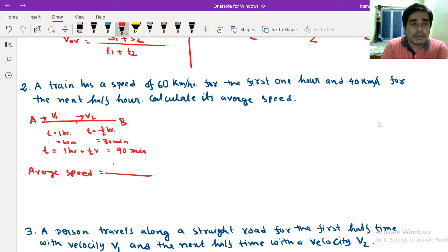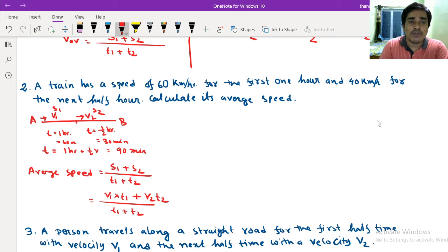total distance, that means s1 plus s2, divided by t1 plus t2. So in this case it will be v1 into t1 plus v2 into t2, because s equals vt, and here is t1 plus t2.